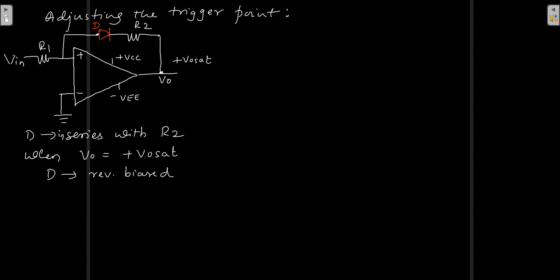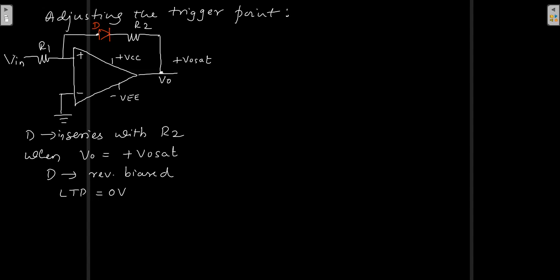So obviously, if the input voltage is 0, then the voltage at the non-inverting terminal is also 0. So your LTP will be 0, that is, LTP equals 0 volt. This you can clearly understand.